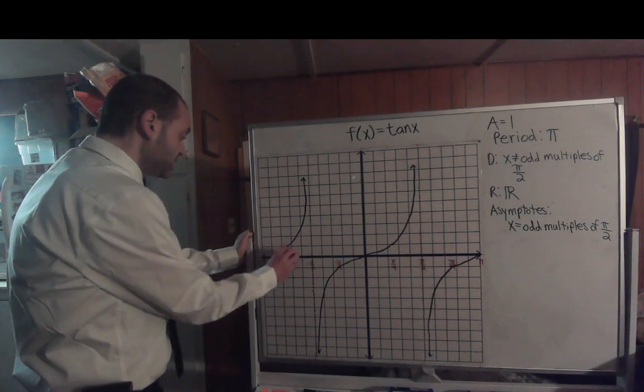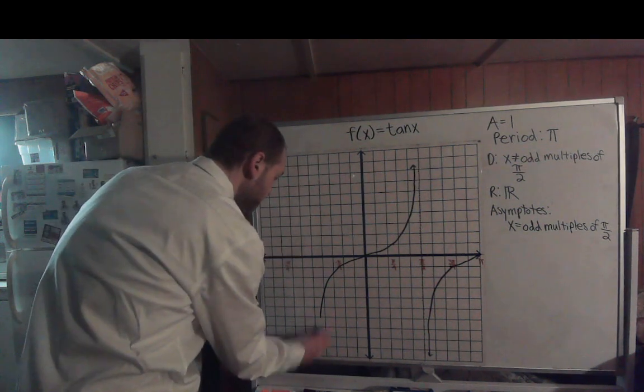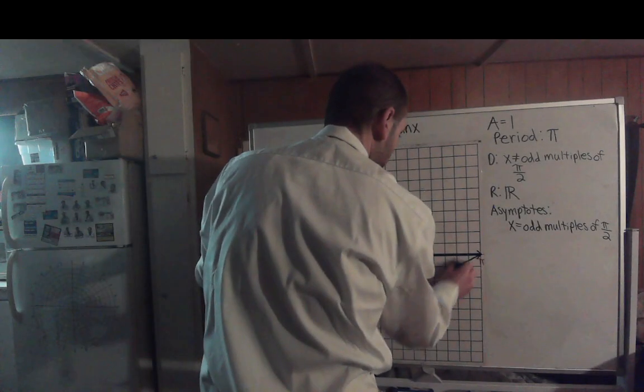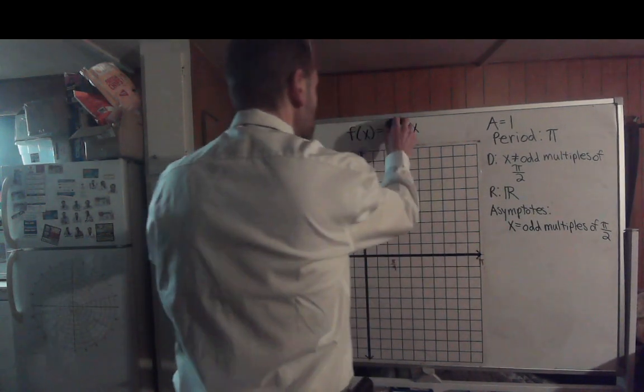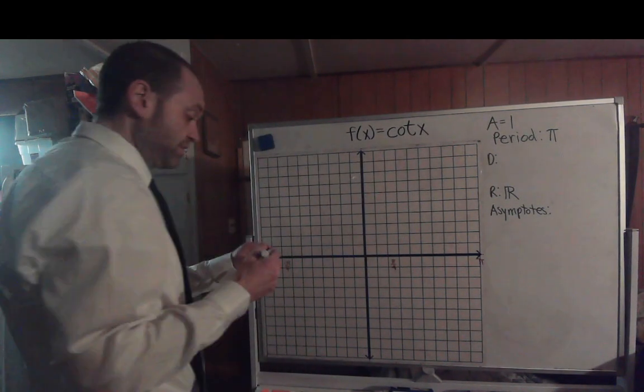Now let's get on to graphing the cotangent of x. Of course, I should probably plot the same points again as the tangent, but this time we're going to do the basic graph of f of x equals the cotangent of x.